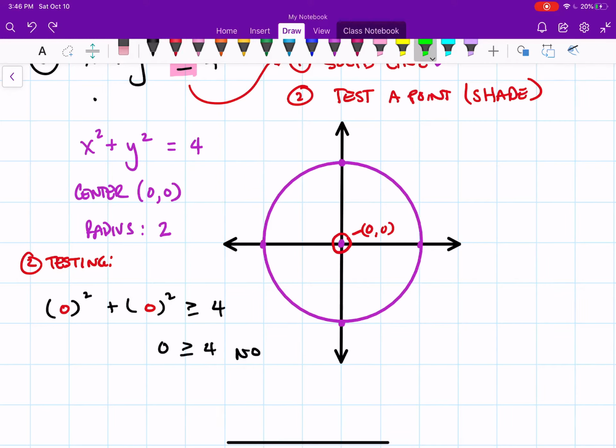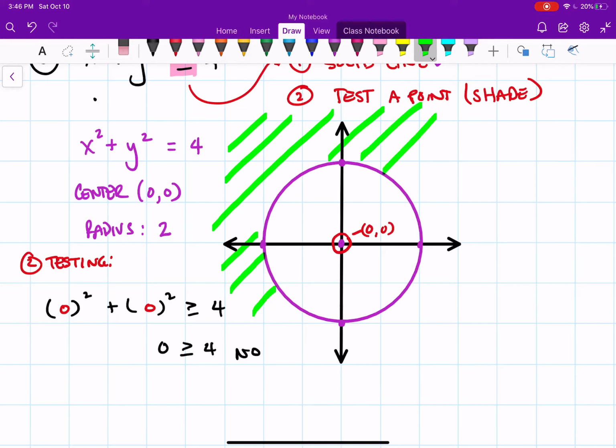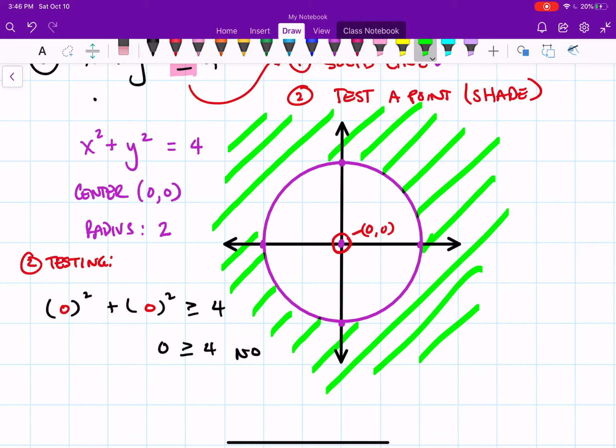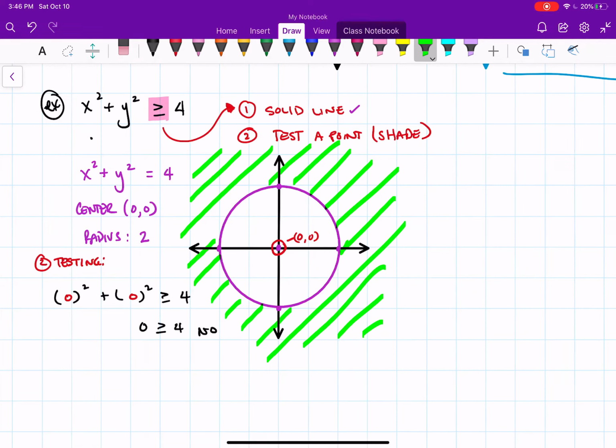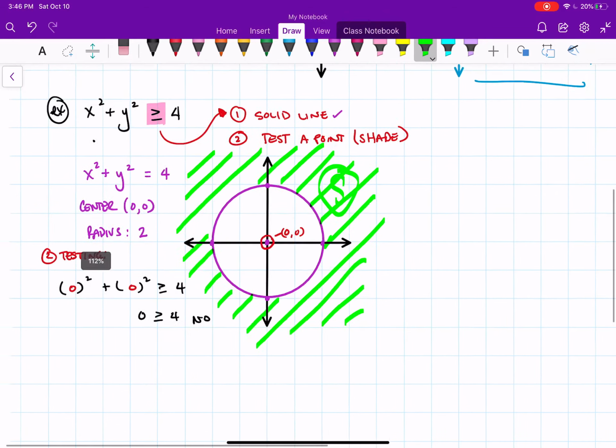Let's go ahead and do it this way. Okay, there we go. All right, so that would be my solution. So anything that is in green would be my so-called solution.